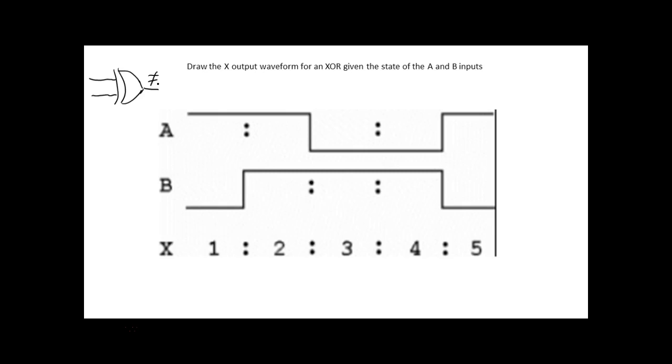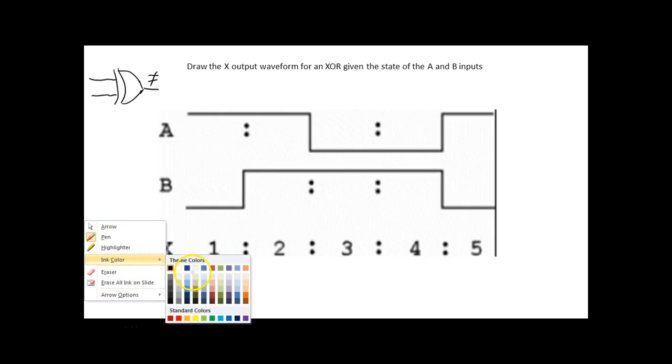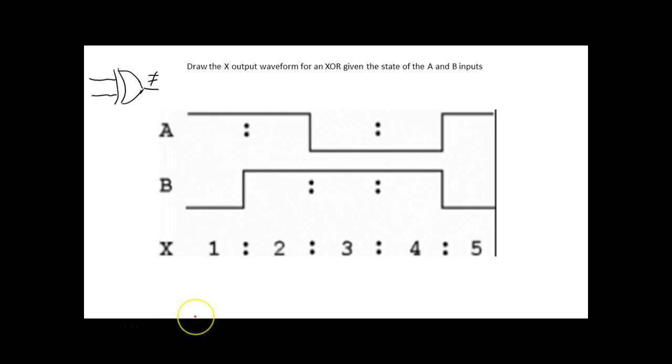So we should expect this guy to give me a high when they are not equal, right? So where would I start off here? Here they are equal, right?